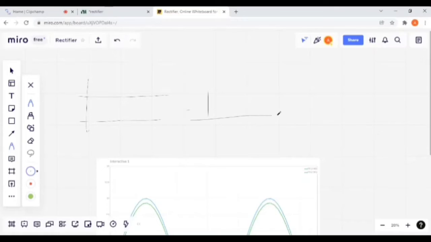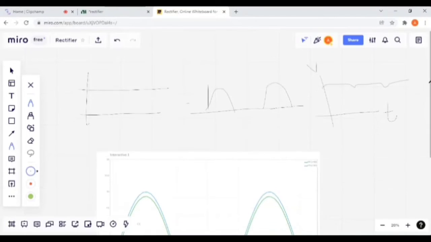We need to get a straight line DC voltage, but first we get pulses and then we get ripple voltage. We get it like this. We can get approximately the same result, but it is better to get rid of these ripples as well.